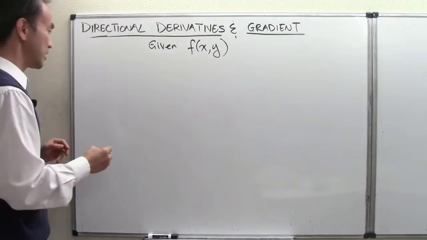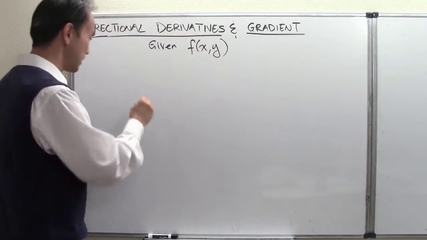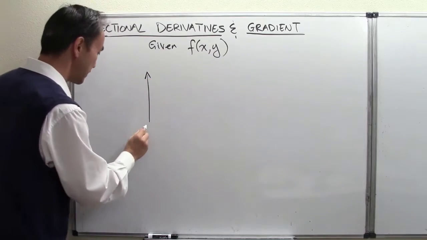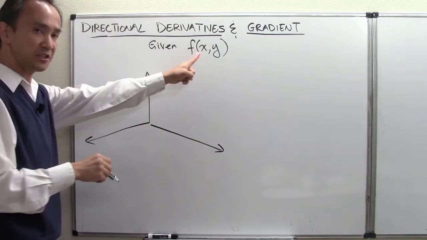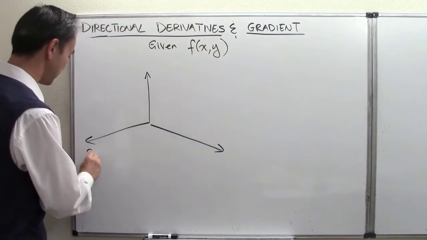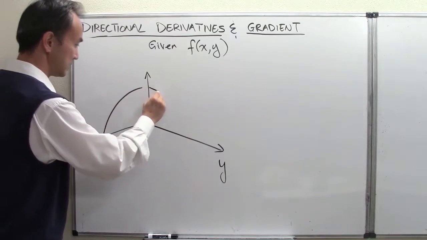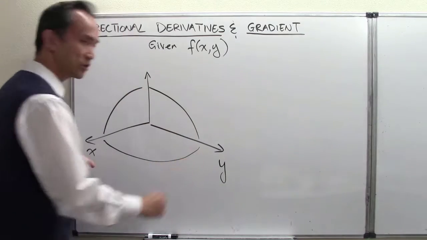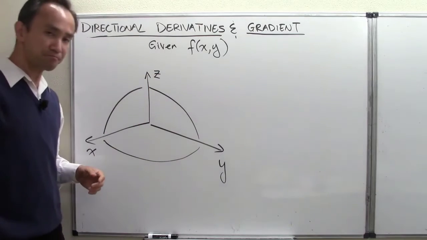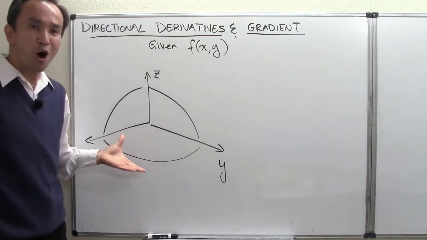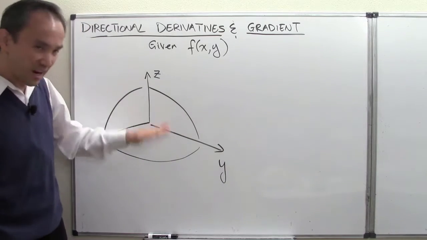Once we have a function of two variables, anyone viewing this lesson should be comfortable with the idea that this function has a graph that is a surface right above the x and y floor. Let me just draw a simple surface like that. It could be just a quadrant of a sphere or whatever, but there we have a surface.